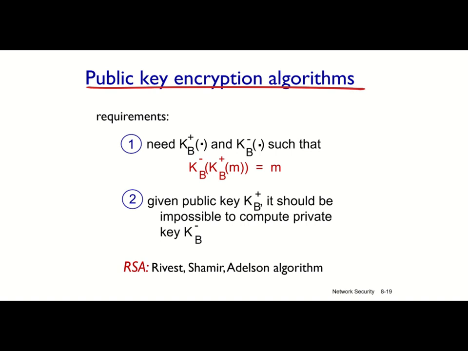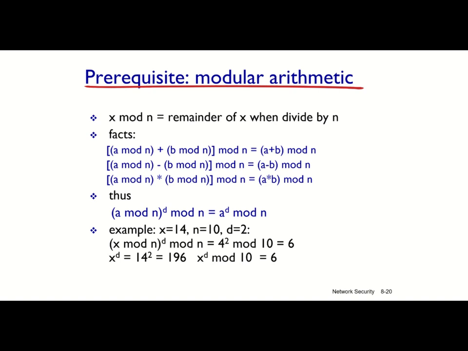R stands for Rivest, S stands for Shamir, and A stands for Adleman, the three guys who invented this algorithm. I don't want to go through the details of RSA because it needs some preliminary knowledge about number theory and modular arithmetic.